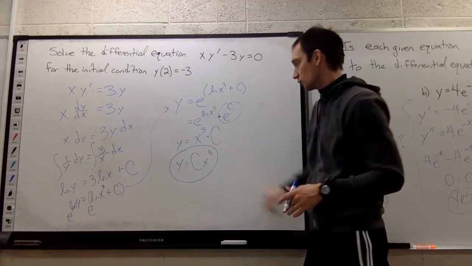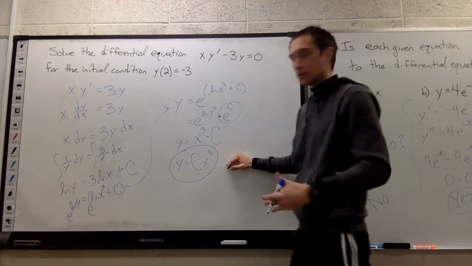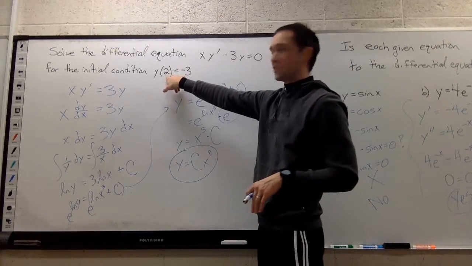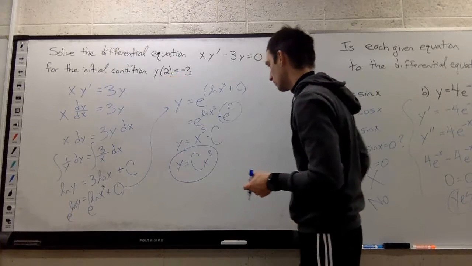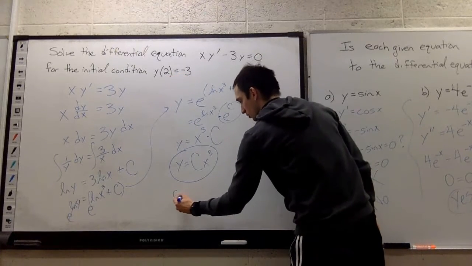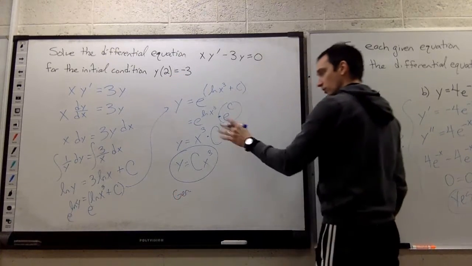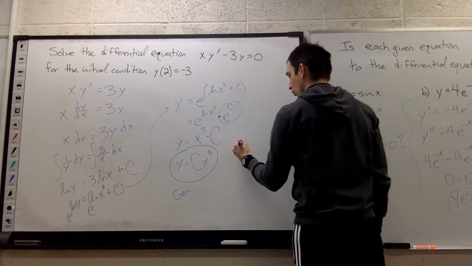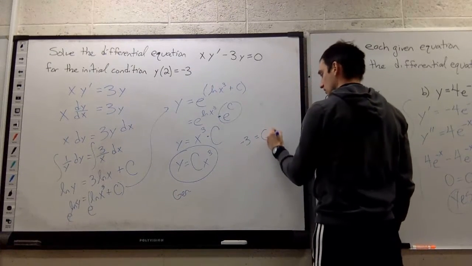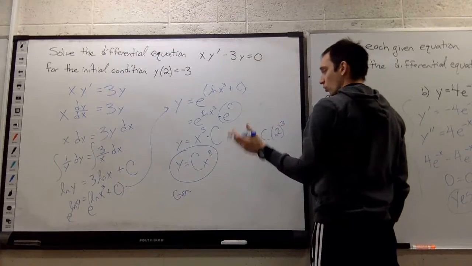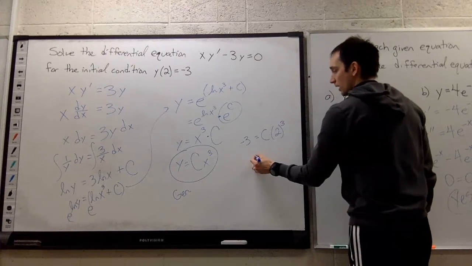That's a general solution. If we want the particular solution, we would say, well, we have this initial condition, x is 2 makes y equal -3. So for the particular solution, plug in -3 for y, plug in 2 for x, and then solve for your c value that would make that happen.